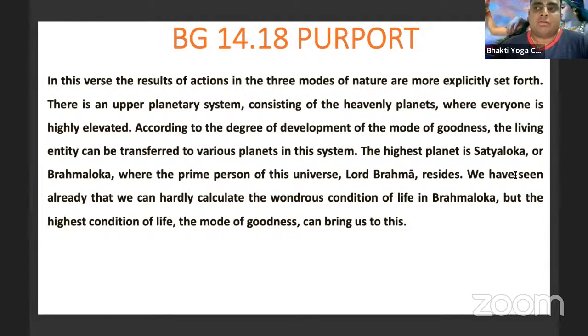So by default, human beings who are born on this Earth planet are predominantly in the mode of passion. Even if we elevate ourselves to the mode of goodness, like 100% goodness, we still have to move upwards to these upper planetary systems like Bhuvarloka, Swargaloka, Janaloka, Tapoloka, or even Satyaloka.